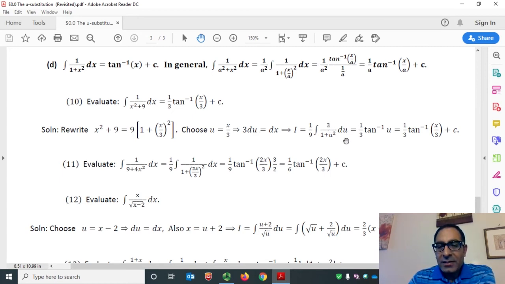Then this 3 and 9 cancel, so 1/3 outside, and we know the integration of 1 over 1 plus u squared with respect to du by this formula is simply tan inverse u. Then we resubstitute the variables. u is x over 3. Then our final step is 1/3 as it is, then tan inverse x over 3 plus c. I hope this makes sense to you all.